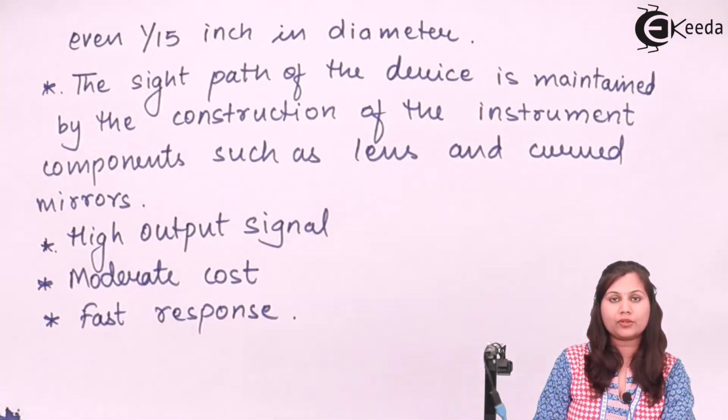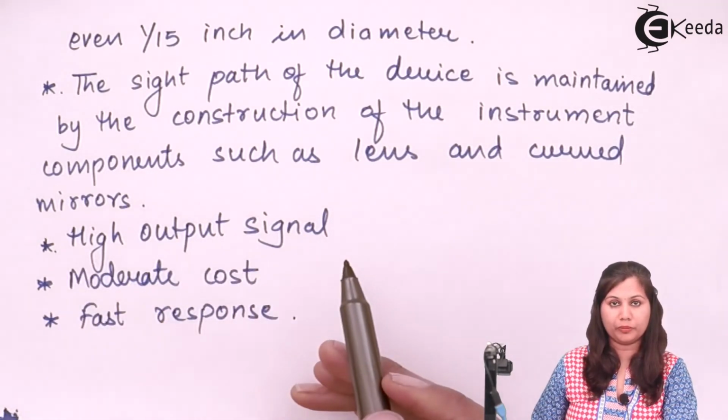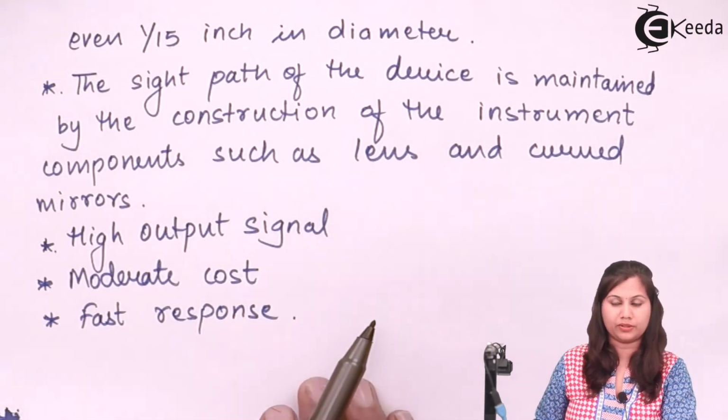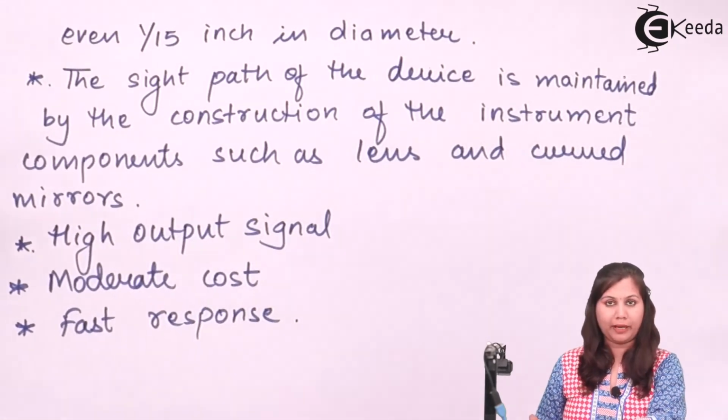Another advantage of the radiation pyrometer is that it gives a very high output signal, moderate cost and fast response. Okay. So these are some of the advantages of the radiation pyrometer.